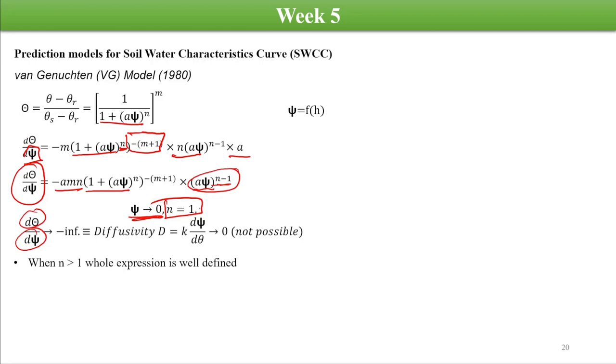When that tends toward infinity, the value of diffusivity, which is equal to k del psi upon del theta, will be equal to 0. So in that case, this expression of the Van Genuchten model is not defined.